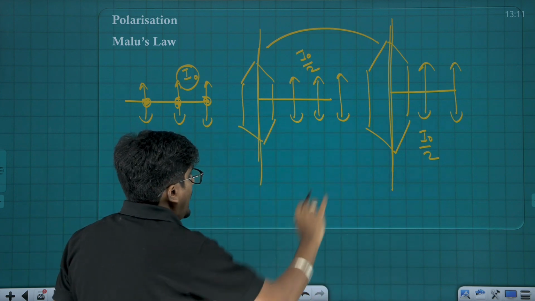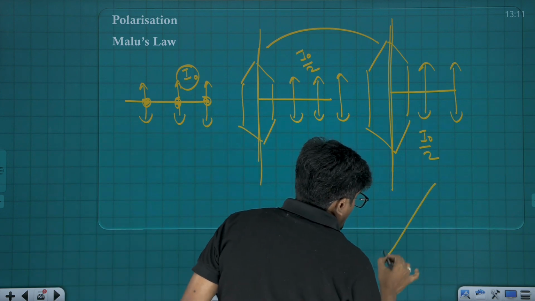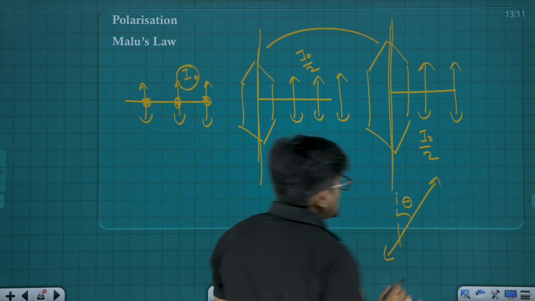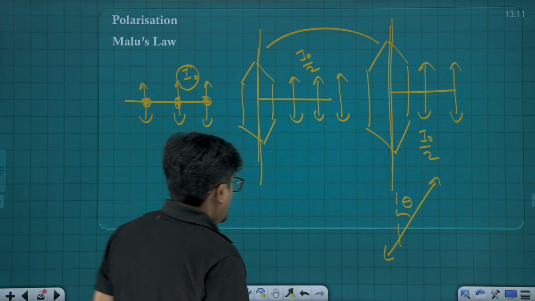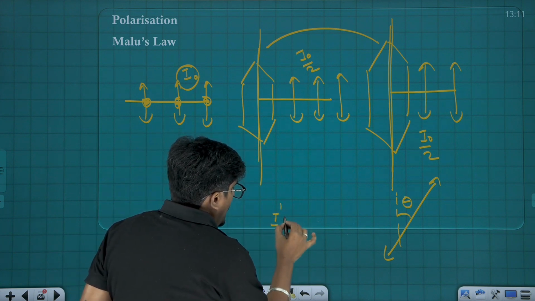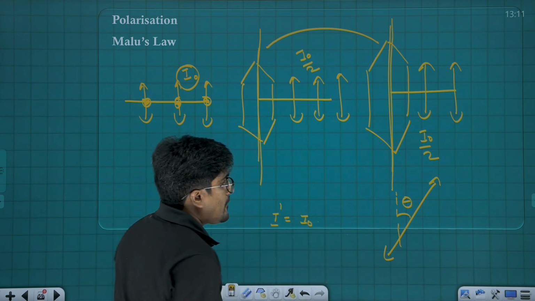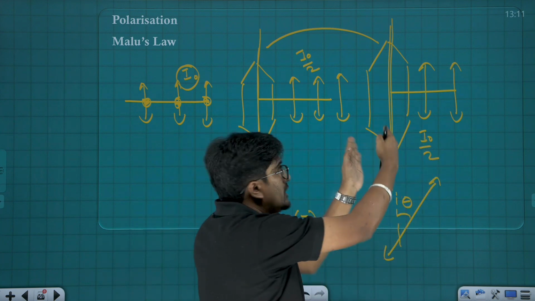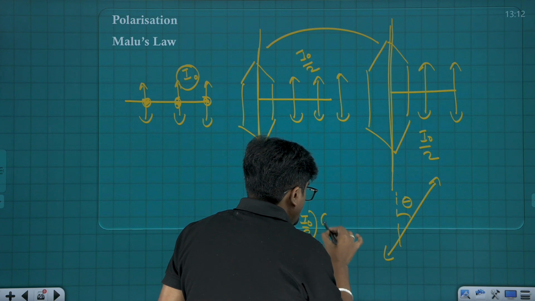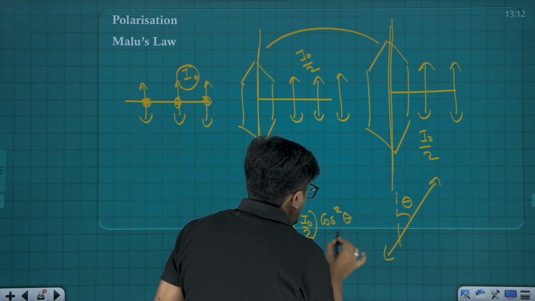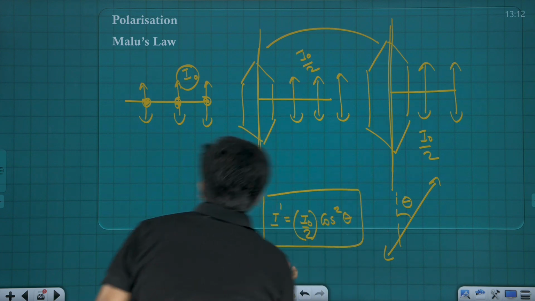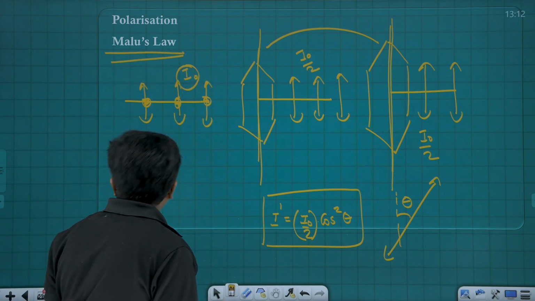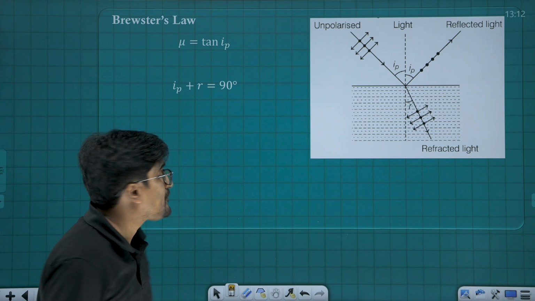And if it is turned through an angle theta like this, then the intensity is going to be I dash, that is equal to I0 by 2 into cos square theta. And this is what we call Malus law.